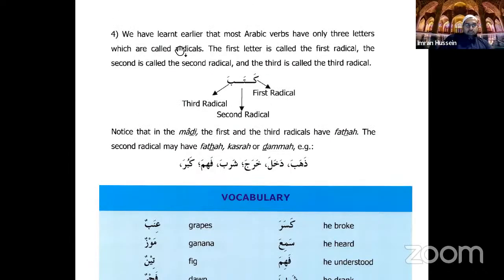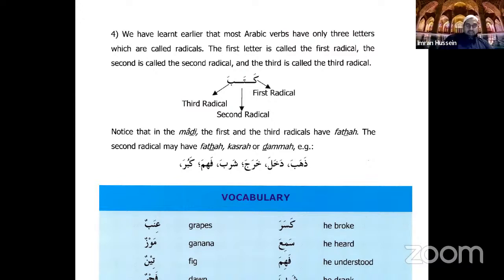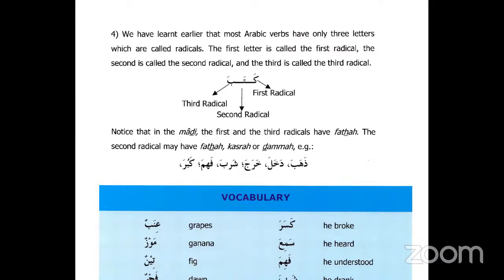Number 4. We have learned earlier that most Arabic words have only 3 letters, which are called radicals. The first letter is called the first radical, the second is called the second radical, and the third is called the third radical. Kataba: Kaf is the first radical, Ta is the second radical, and Ba is the third radical.